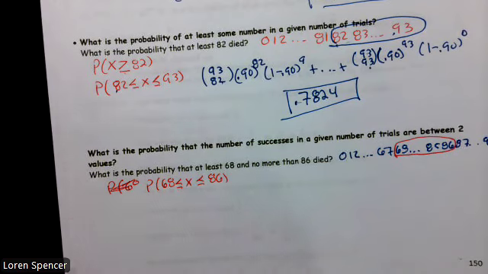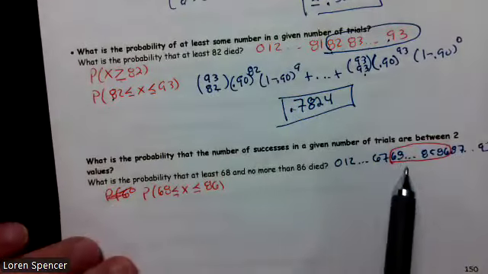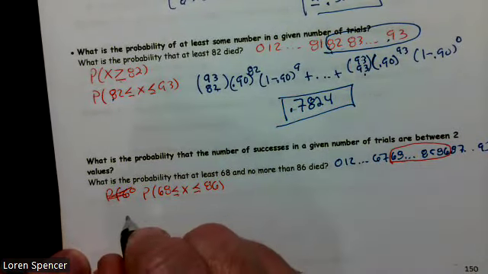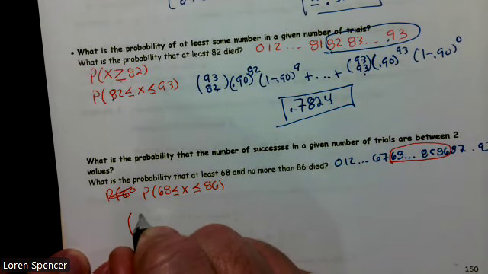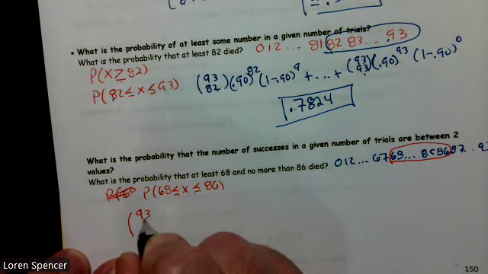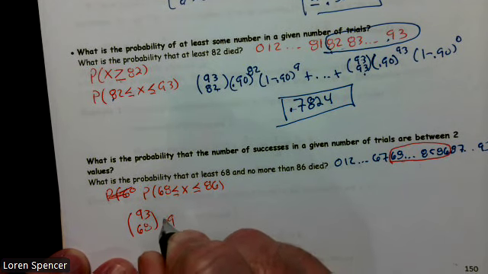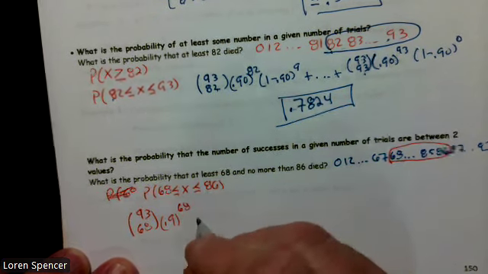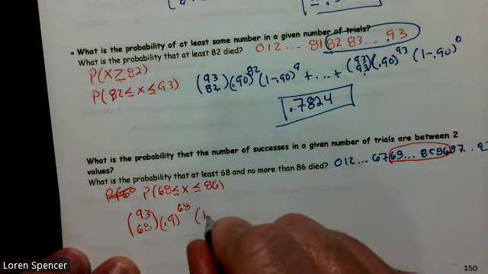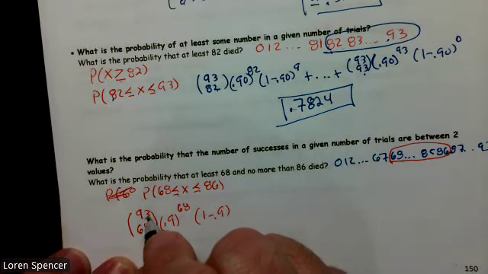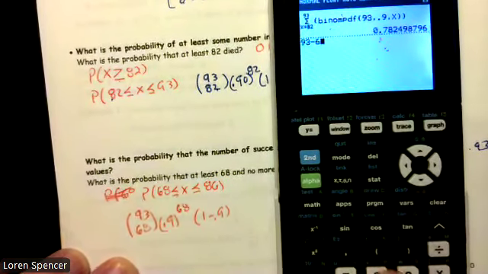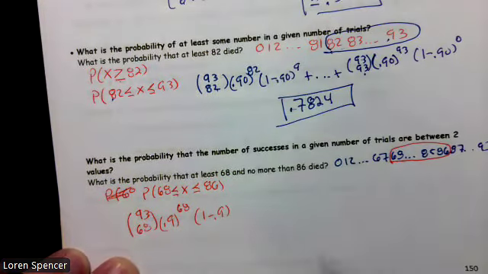I'm not going to rewrite this because we already have done the summation, and I know it's a summation because I have multiple values. So I always have to start with the lowest, and the lowest one is going to be 93, my sample size, choose 68. Probability of death is 0.90, 0.9 raised to the 68th power times 1 minus 0.9. 93 minus 68, I don't know what that is off the top of my head. 93 minus 68 is 25.